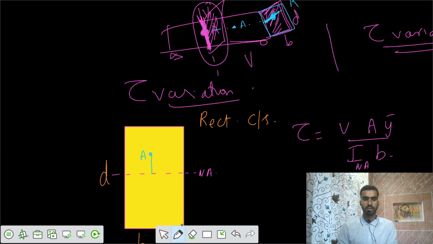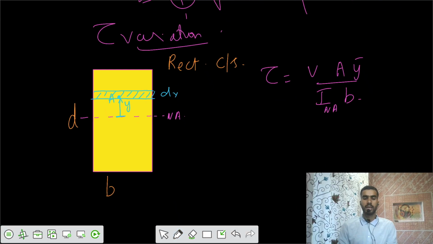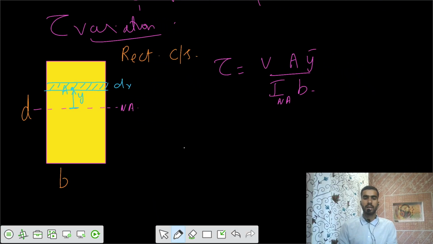That's at a distance of y from the neutral axis, based on the equations we have. So if we take that differential element dA, dy, then the small area dA is b times dy.